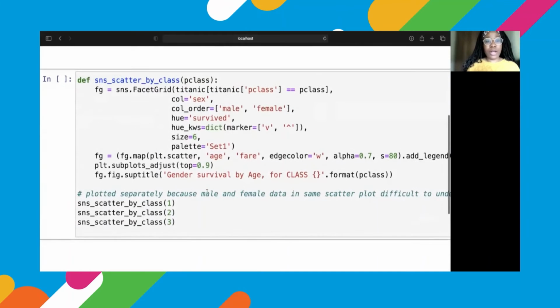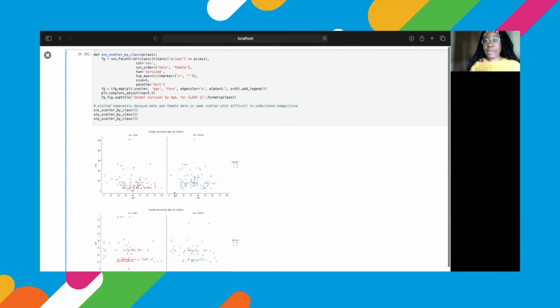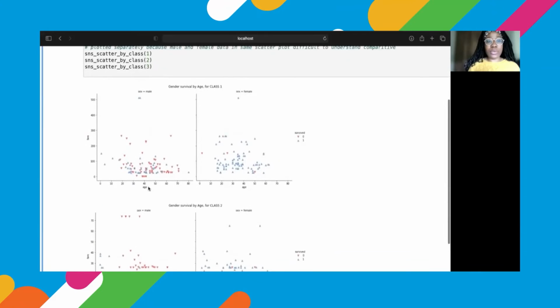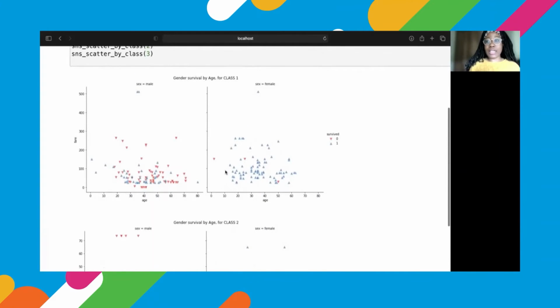Okay, now we're going to move on to visualizing the passenger class, sex, and age in our data set, and to see what the survival is like. Okay, so now we have our plots here. This is a scatter plot, and this is for first class passengers.